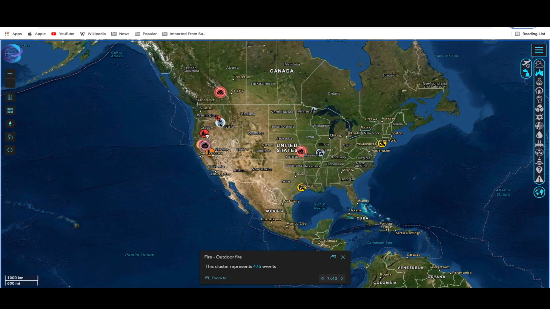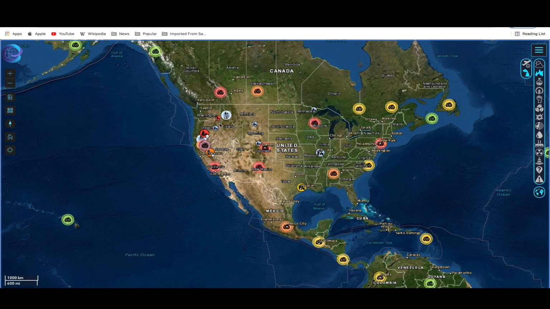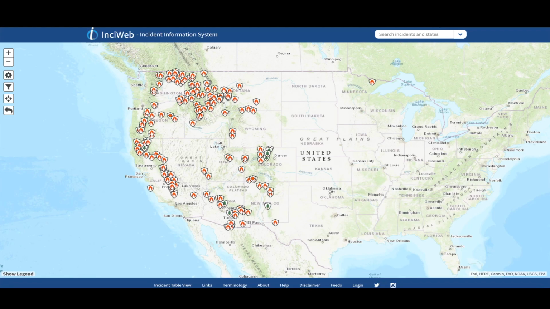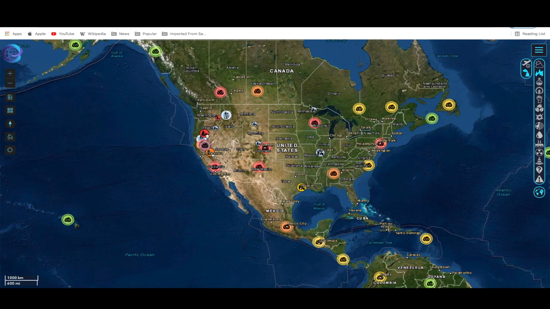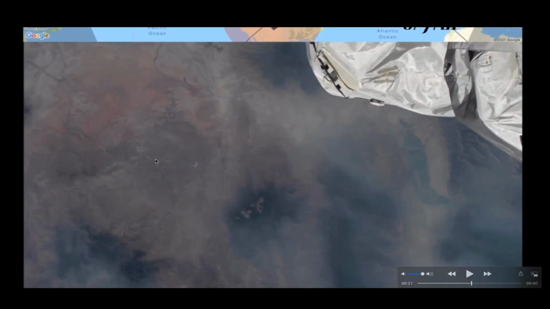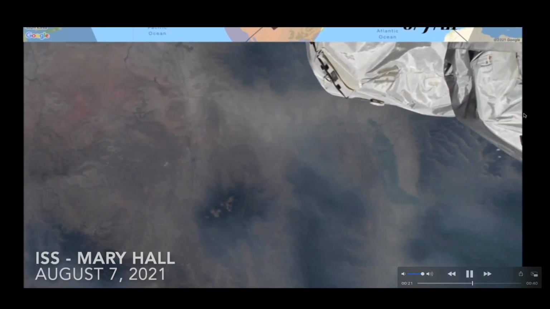Over here in the western United States, this cluster right here represents 68 wildfires just in that area, and there's a lot more. There are several, as we noticed over here at InciWeb, all kinds of wildfires burning around the western United States. With the combination of the wildfire smoke and the Sahara sand, it's creating unhealthy air quality conditions.